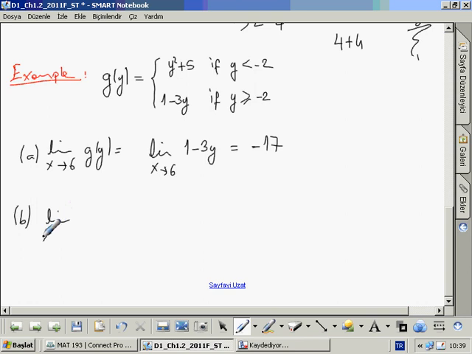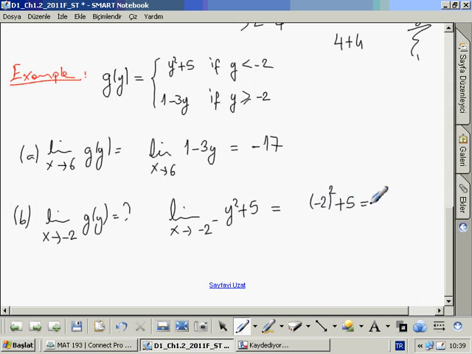And part B, the limit as x goes to minus 2 of g. Firstly, you must look for the left hand side and right hand side limits. The limit as x goes to minus 2 from the left hand side, you will obtain y squared plus 5, so it's equal to minus 2 squared plus 5, which is 9.